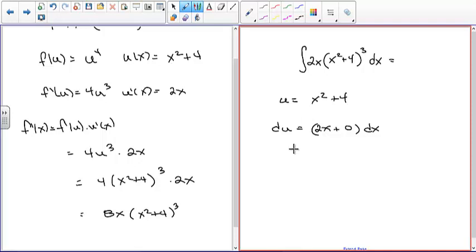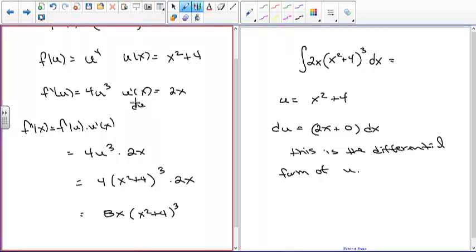So we could say this is the differential form of u. Differential form, just take the derivative normally, multiply by dx. You can also think of it over here, u prime is du dx.